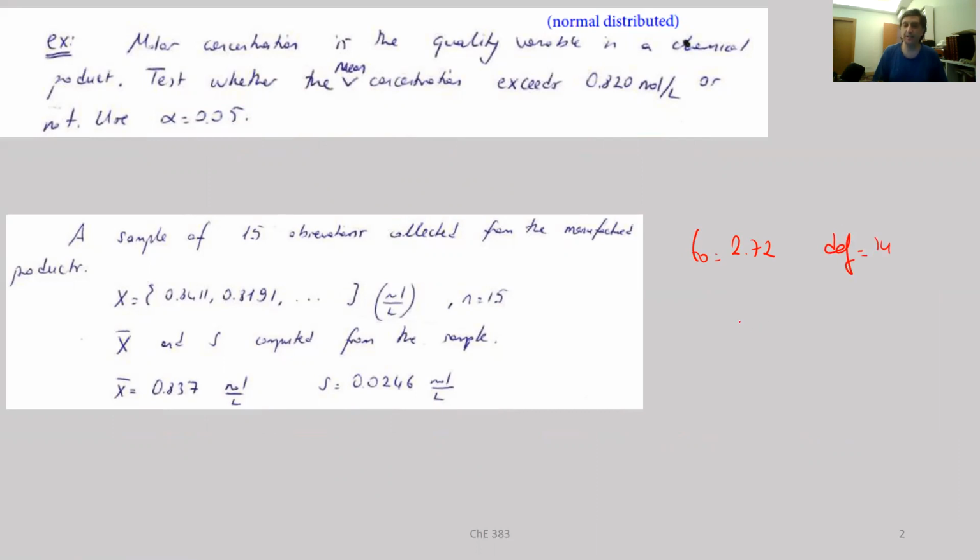So what we do is we would like to find the probability that a T distribution value with 14 degrees of freedom is greater than 2.72. So you would like to find the right-hand tail of the T distribution at 2.72.